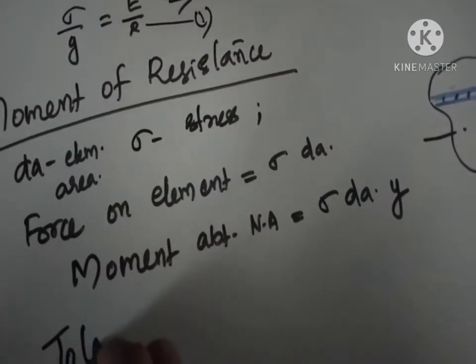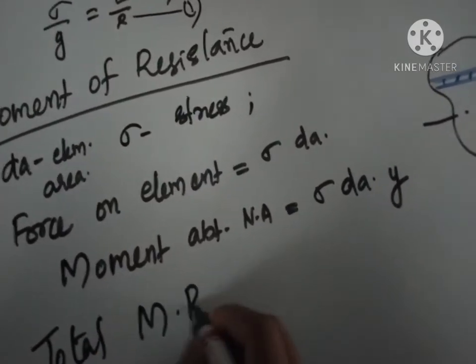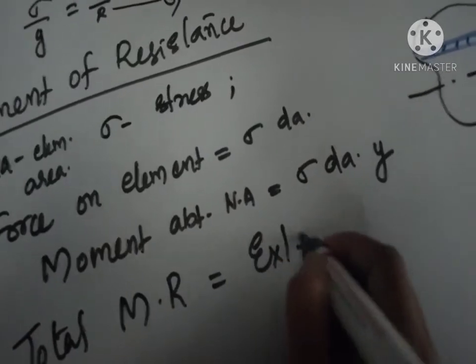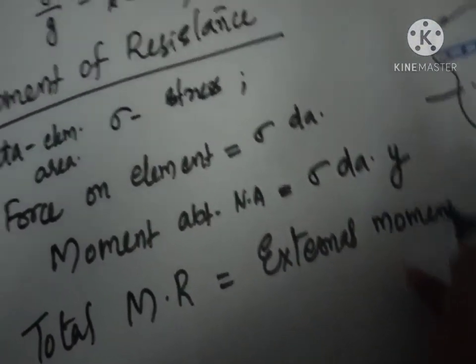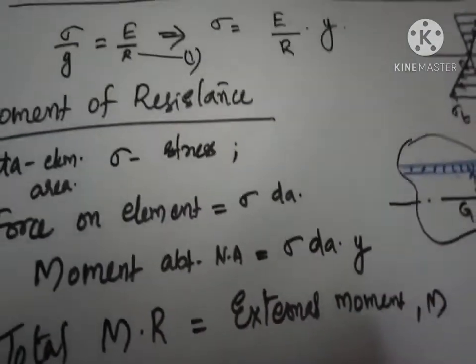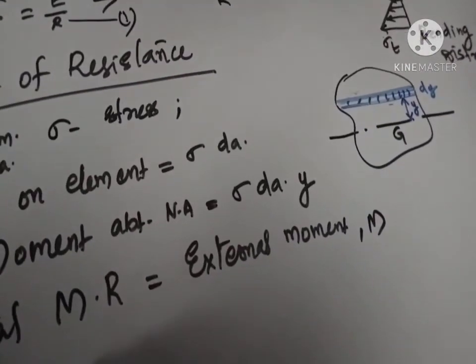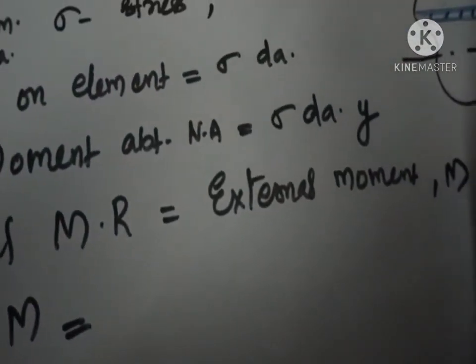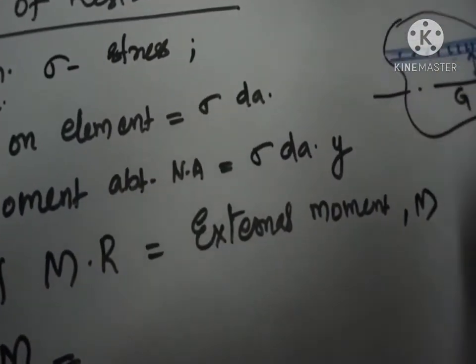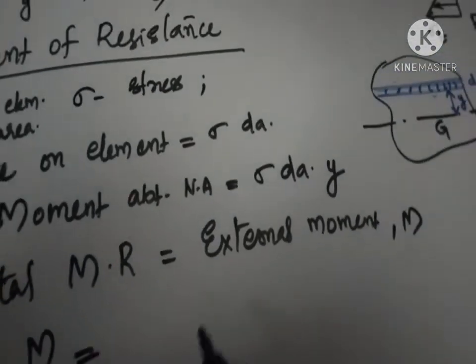So total moment of resistance is equal to the external moment M. This is only for an elemental area. If you need the total moment of resistance, it should be integrated.